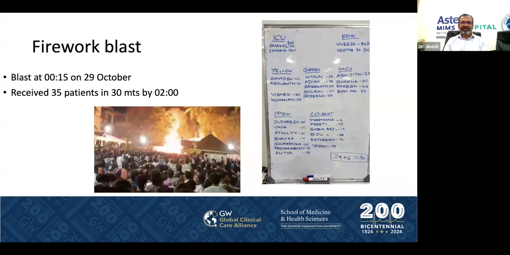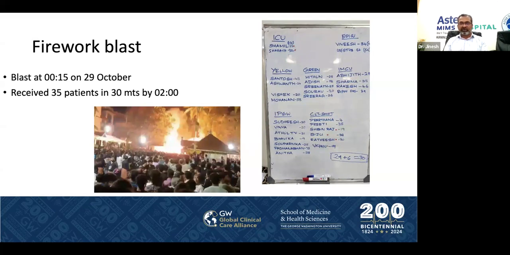So this has happened in my own institute. There was a blast in the nearby district with more than 200 people injured, of which we received around 35 patients in a span of just 30 minutes by around 2 a.m. in the morning, when the number of doctors and nurses was at the minimum. And early morning, we could manage all the 35 patients in a span of maybe 1 or 2 hours.